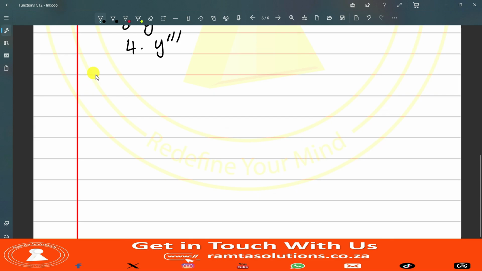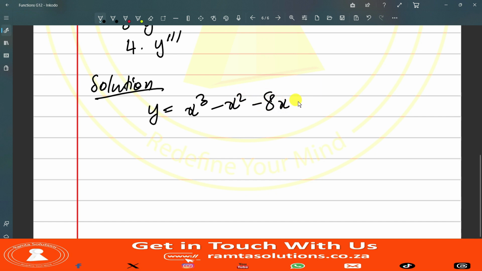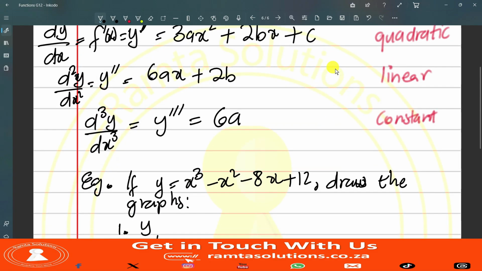Now, for our solutions, we had y equals x cubed minus x squared minus 8x plus 12.